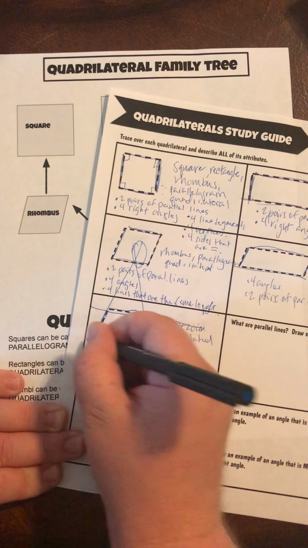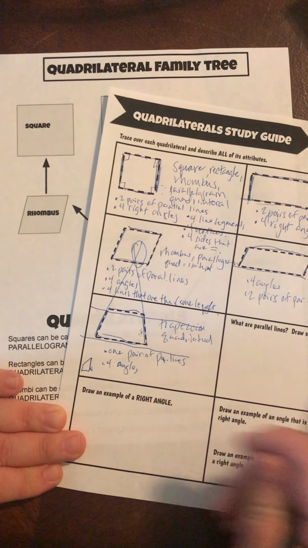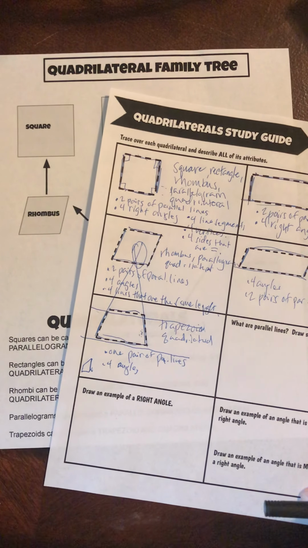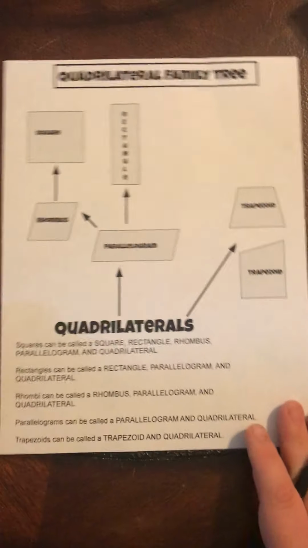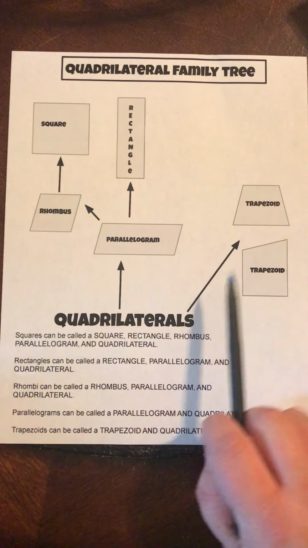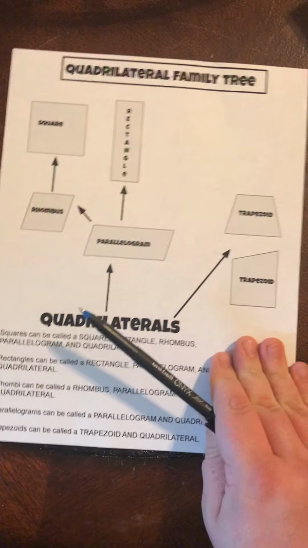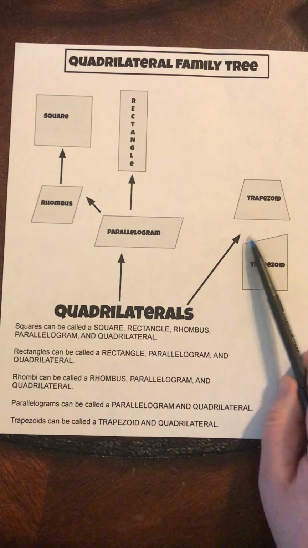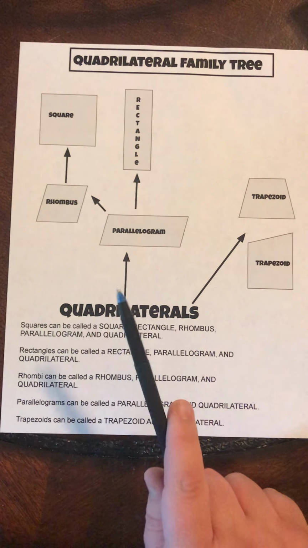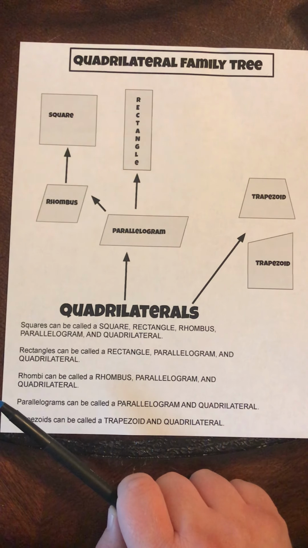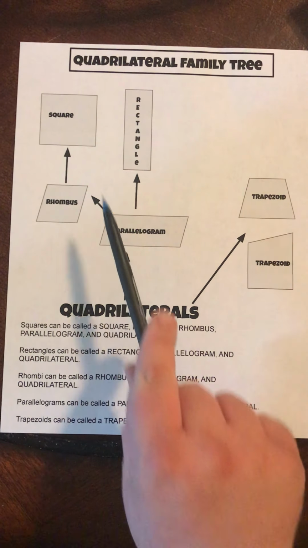But this one and this one, they never meet. That's what we're talking about when we talk about parallel lines. Okay? So trapezoids are on their own branch because they only have one pair of parallel lines. However, the rest of them have two pairs of parallel lines. So let's go through them.